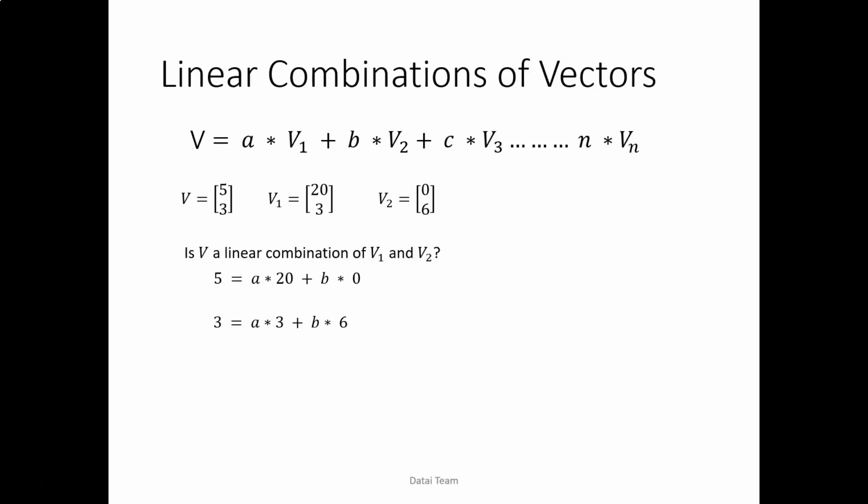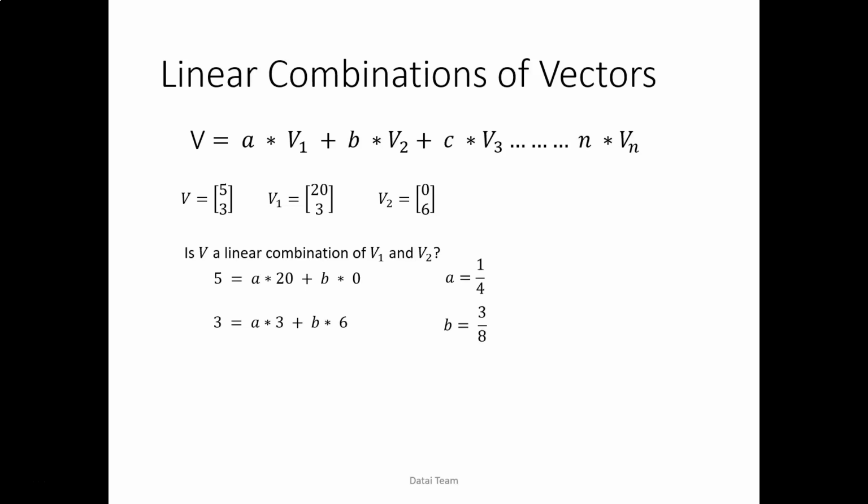We write the x value, so 5 is equal to 20a, and for our y values, we want to get 3, and v1's y value is 3, so we have a times 3 plus b times 6 is equal to 3. And we check if we can get an a value and a b value, and we get 1 over 4 and 3 over 8.